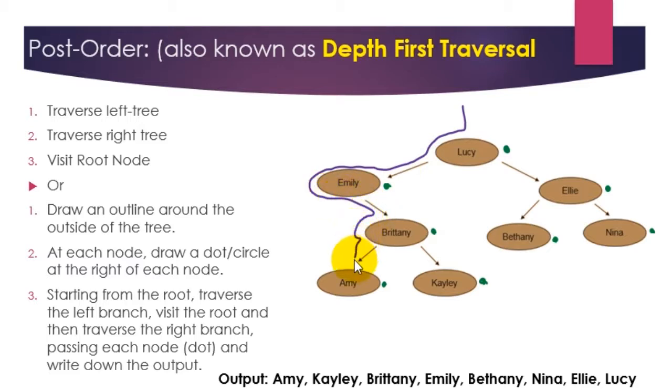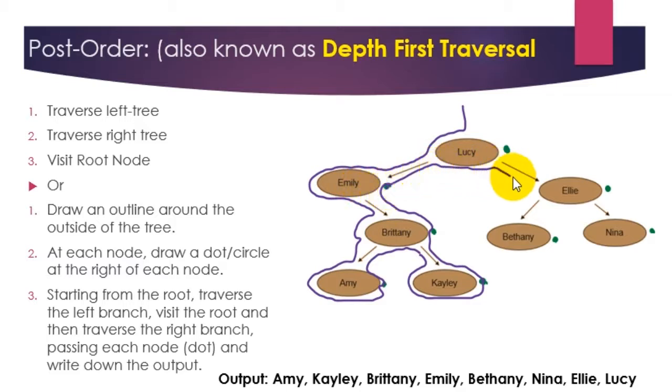So in this instance, so far I've not got anything, and now I've gone via Amy. Okay, so Amy is down here as my first list, and then I've gone past Kaylee, so Kaylee's my next one. I've then gone through Bethany, Brittany even, and then Emily, so Brittany and Emily appear here. Then I've gone past Lucy, but I haven't actually done the dot, so I can't output it at the moment.